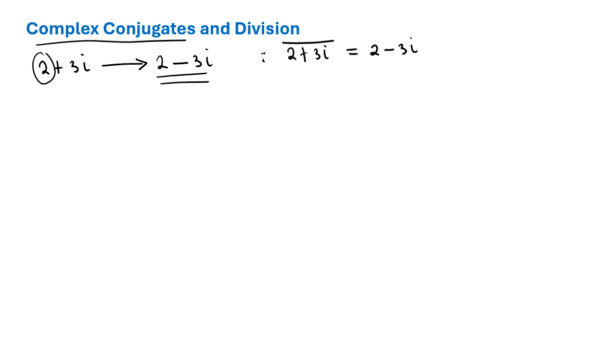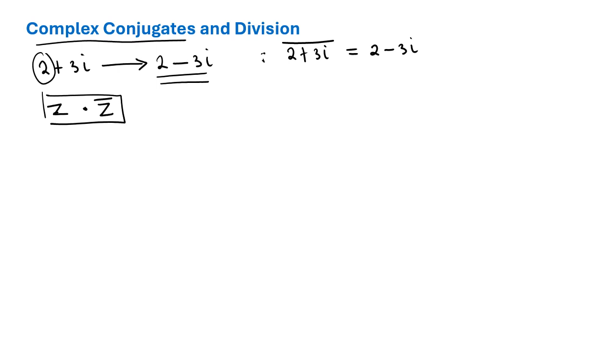Whenever you multiply a complex number by its conjugate, because in general they use z for complex numbers, if you multiply any complex number by its conjugate, it always gives a positive real number.